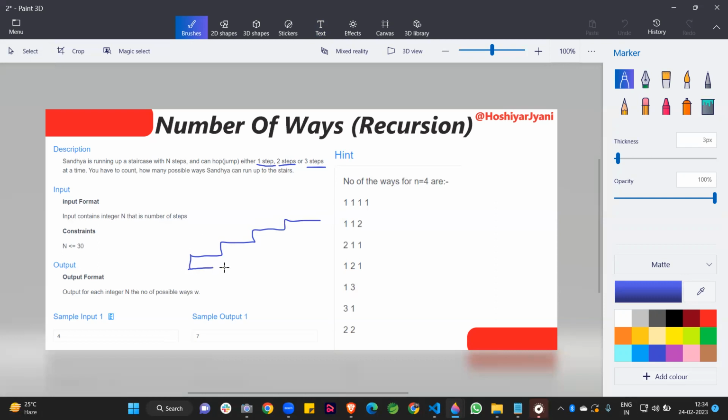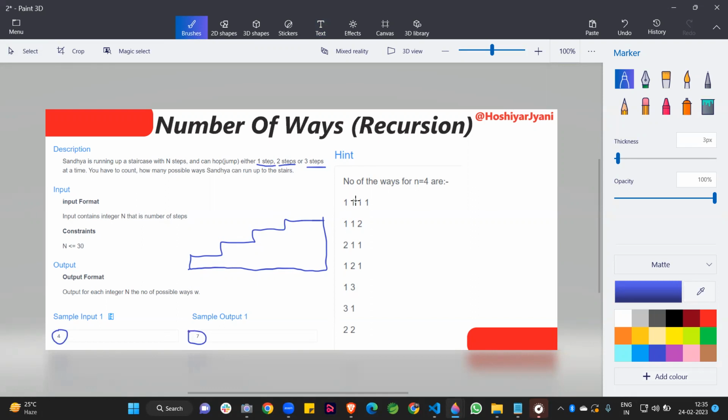Okay guys. So visualize this. This is first, second, third and fourth. So if the number of stairs is 4 here, the number of ways in the answer, you can see, is 7. So how can we get the result 7?